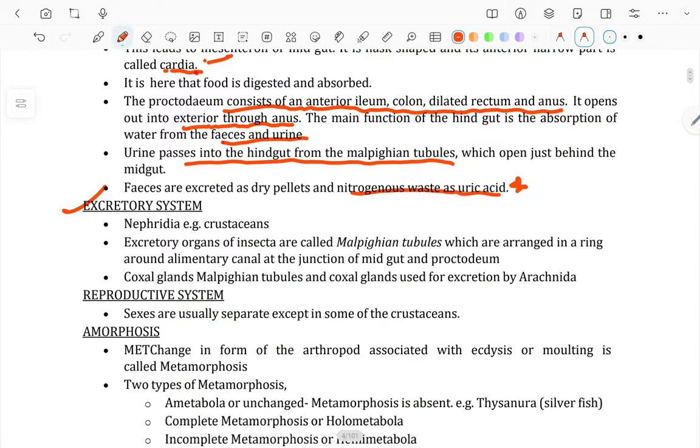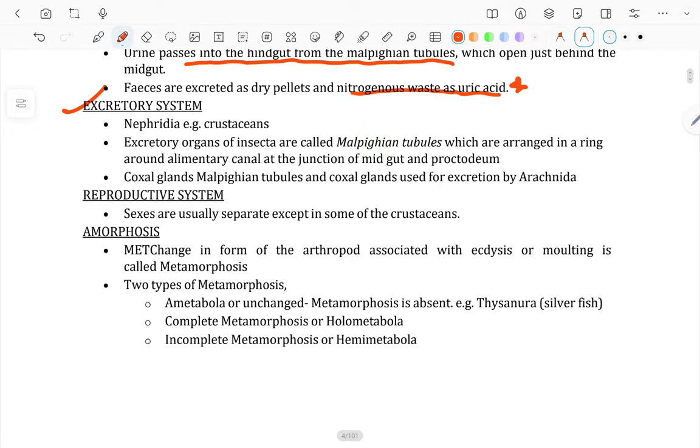Excretory system. Nephridia, for example in crustaceans. The excretory organs of insects are called Malpighian tubules, which are arranged in a ring around the alimentary canal at the junction of midgut and proctodeum.